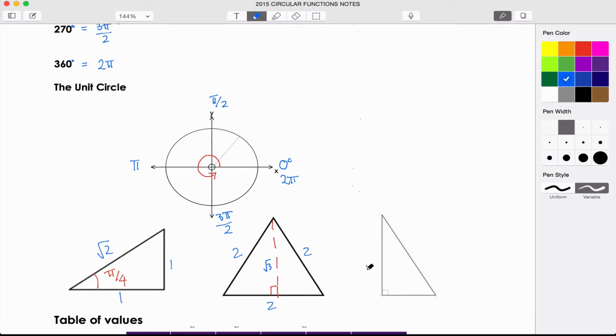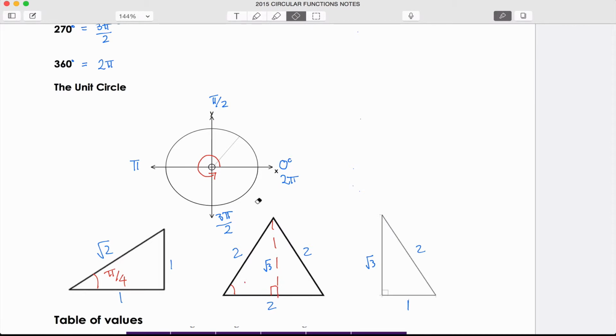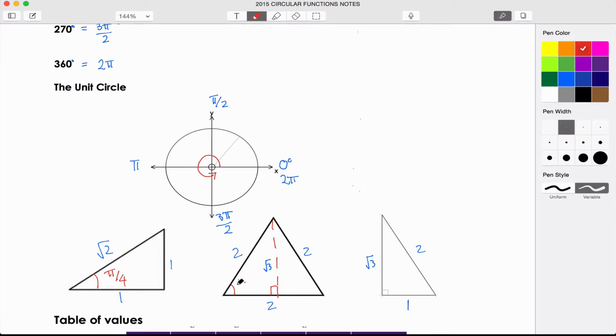Same triangle over here, but we can put in this angle was 60 degrees, which, writing it in radians now, is pi over 3. This one pi over 3. And this one was 30 degrees, which is pi over 6.